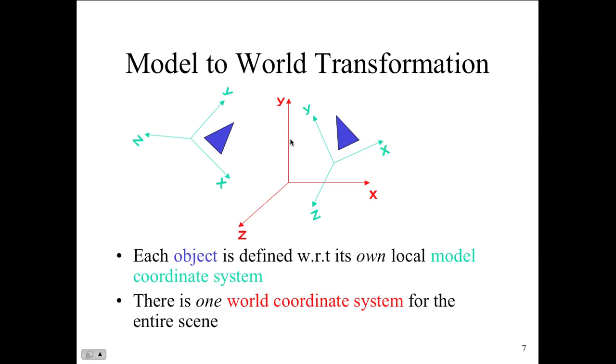The object is put into the world, or into the space, and then the space has its own coordinate system. And then we have a view on the entire space that we can apply to that, as well as lighting models and different other components that we can apply to the space as well. So this is one world coordinate system for the entire scene, which is this red one here. And this is one object that has its own coordinate system inside of the world coordinate system.